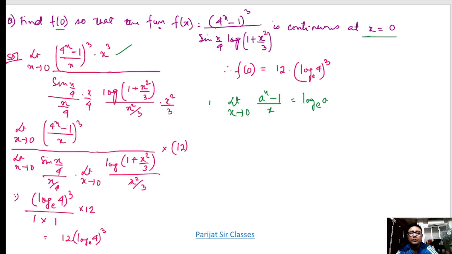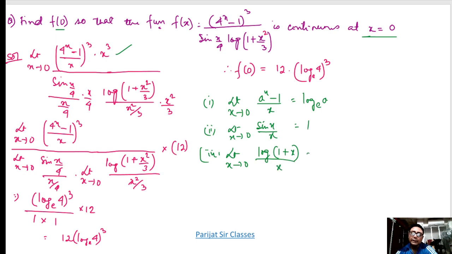This is one formula you have to remember. Second formula, limit x tends to 0, sin x by x is 1. Third formula you have to remember, limit x tends to 0, log(1 plus x) by x is 1. So using these three formulas we will solve the sum.